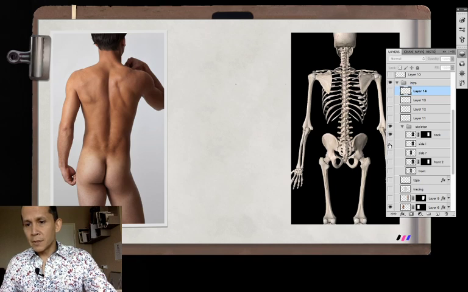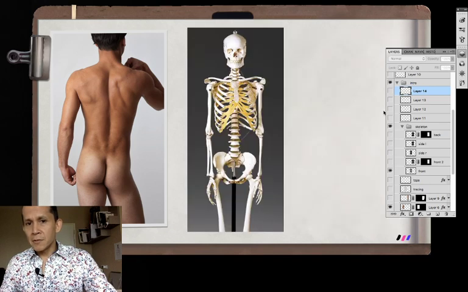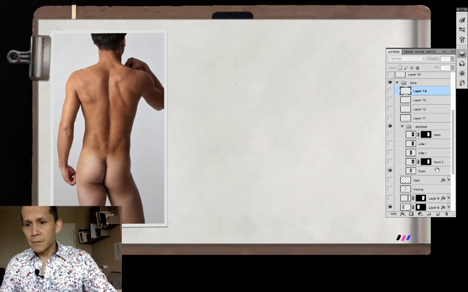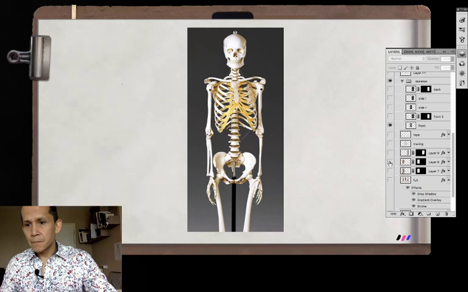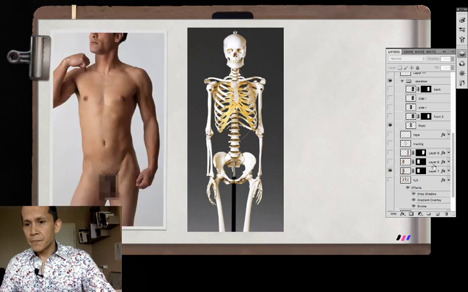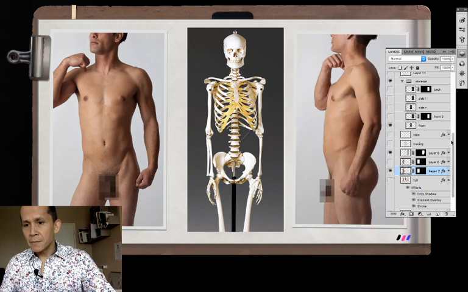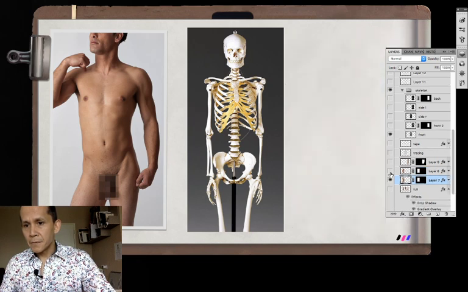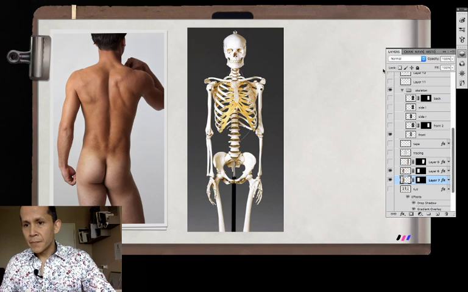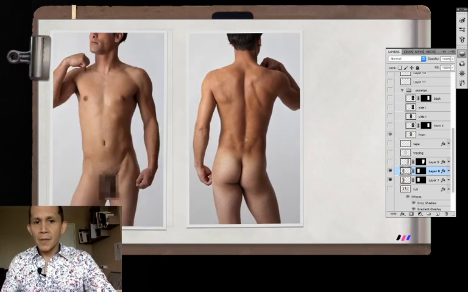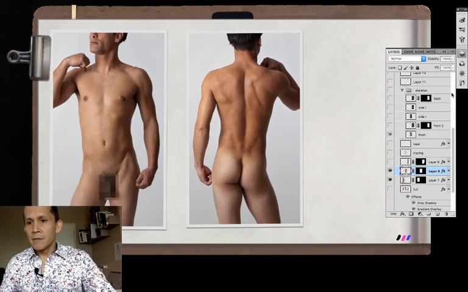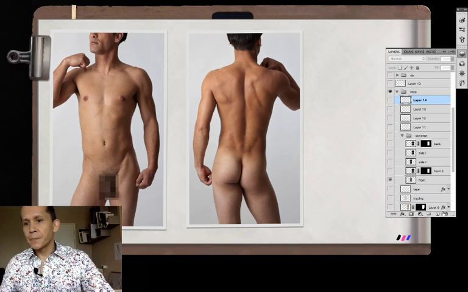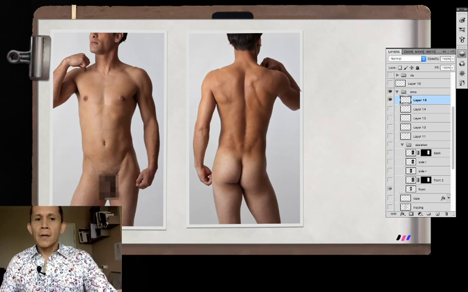So that's the what. Now, obviously, there's major muscles involved, and we'll talk about those now. There's a lot of muscles.